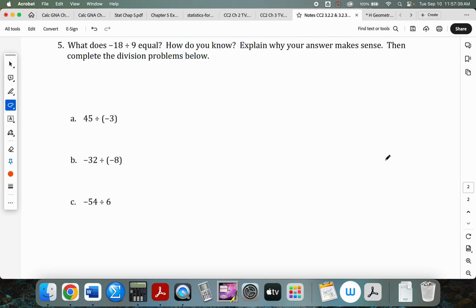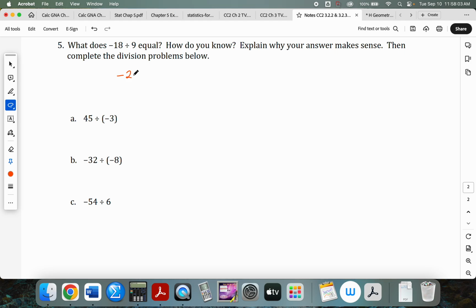All right, so what does negative 18 divided by 9 equal? Negative 18 divided by 9. Negative 2. How do I know that?